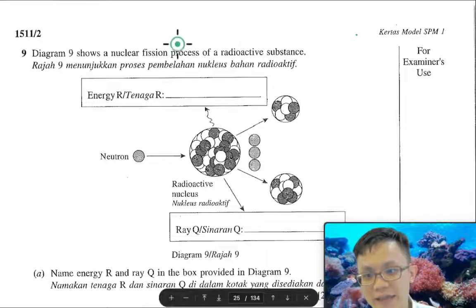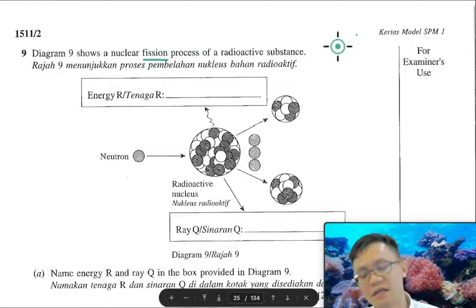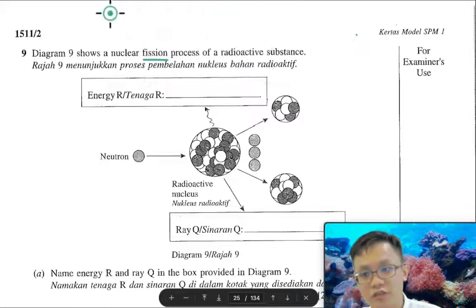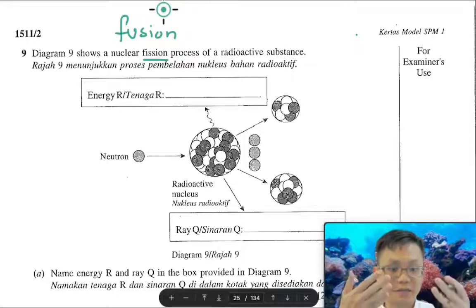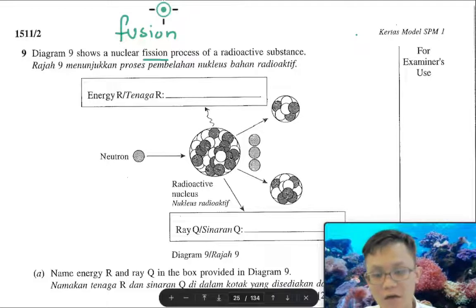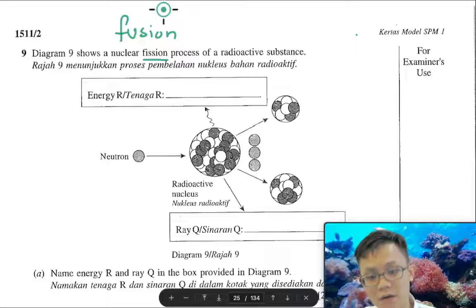So fusion and fission, we can see that the difference is, from the word fusion, fuse together means there is a combination of two atoms to form a single atom. That's fusion.